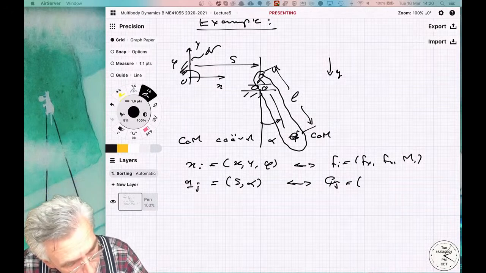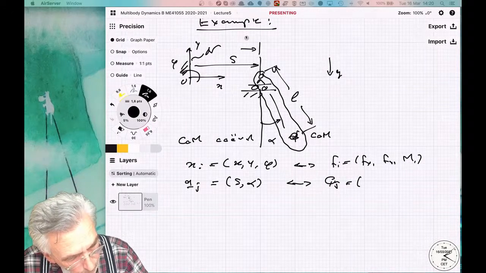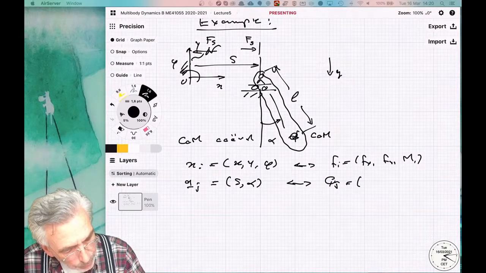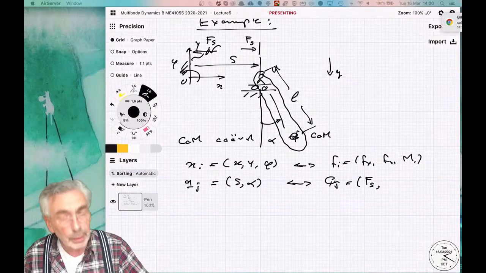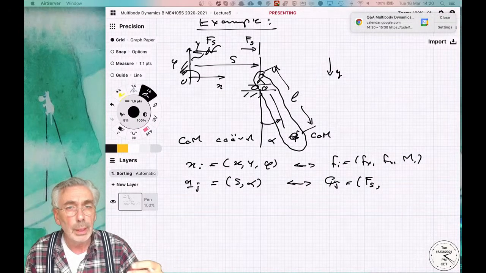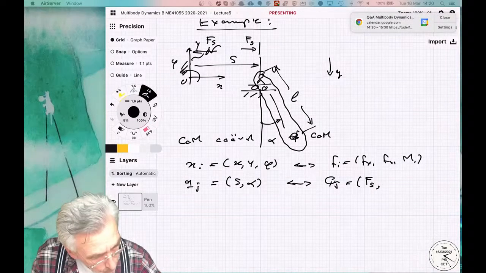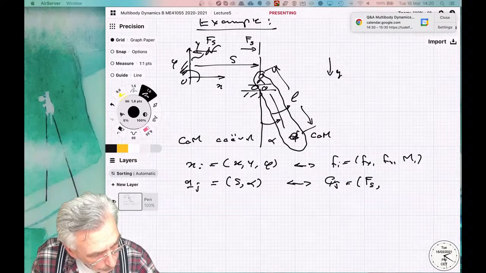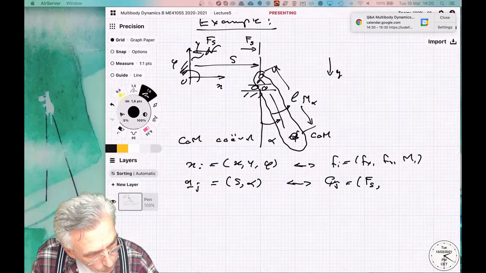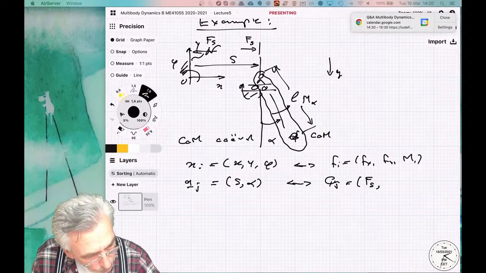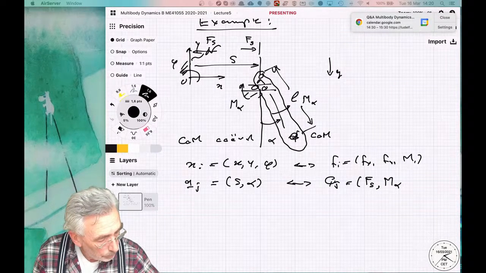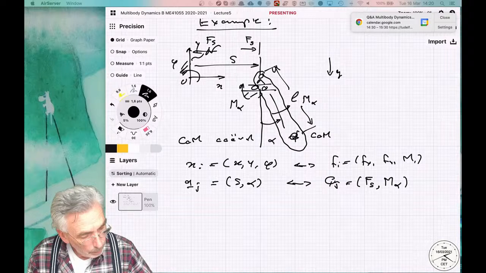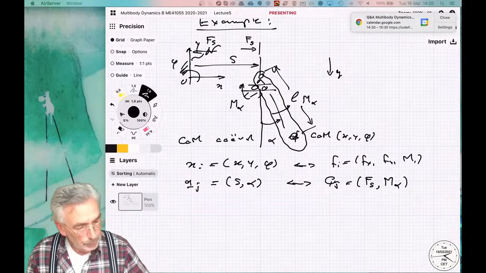I already identified from the example that it's this action-reaction force, Fs, working on this and the support. And since this is an angle alpha, I identified that as a torque. So there's a torque working on the body, M alpha, and that torque is counter-working on the support, M alpha. So we could say x, y, and phi for the COM.